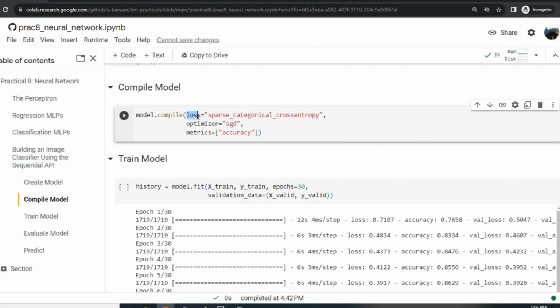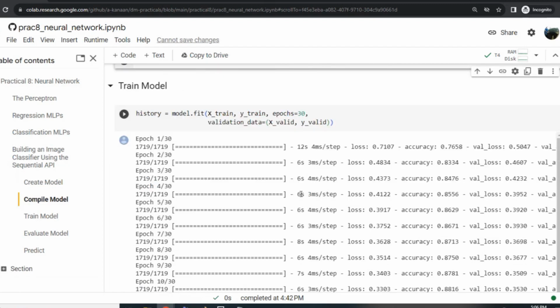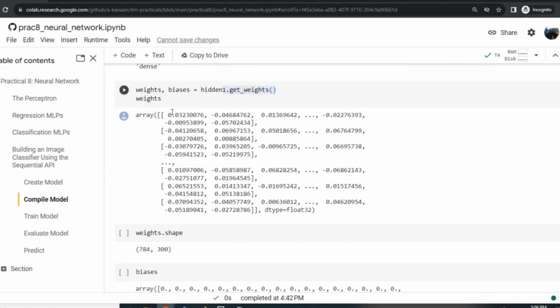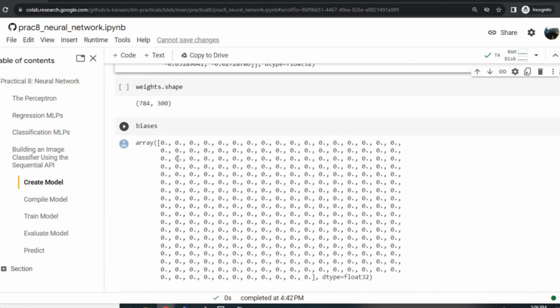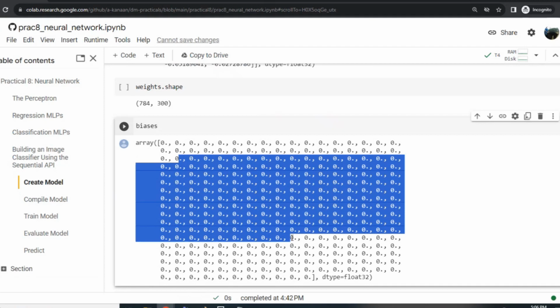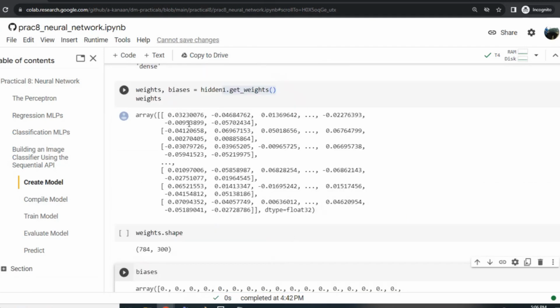Again, why do we need to provide loss and optimizer? Because the optimizer is helpful for what? To tweak those values. It is going to adjust the weights and bias. This is the duty of stochastic gradient descent, the optimizer. The optimizer is going to change the values for these parameters.